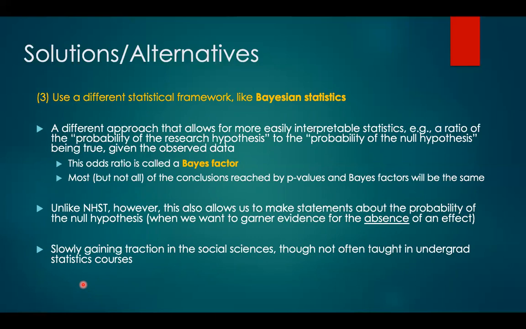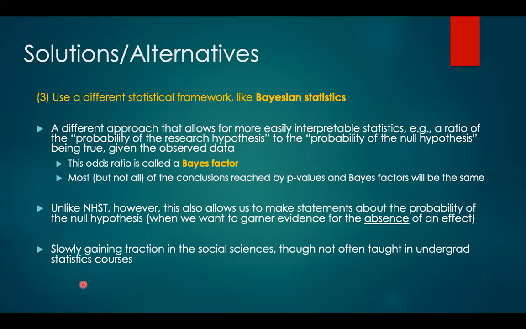Now, Bayesian statistics is a different approach that allows for more easily interpretable statistics. For example, a ratio of the probability of our research hypothesis to the probability of the null hypothesis being true, given the observed data. So this is what people intuitively want, and this is how they often misinterpret p-values.